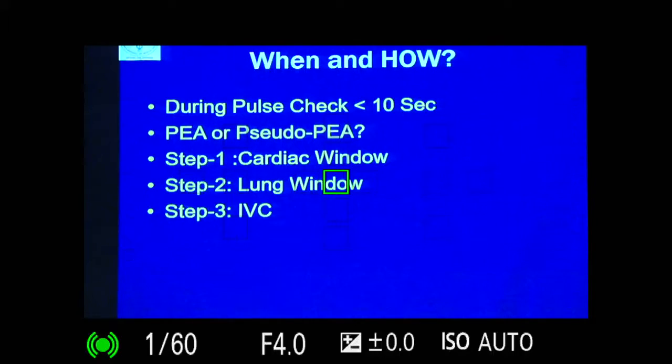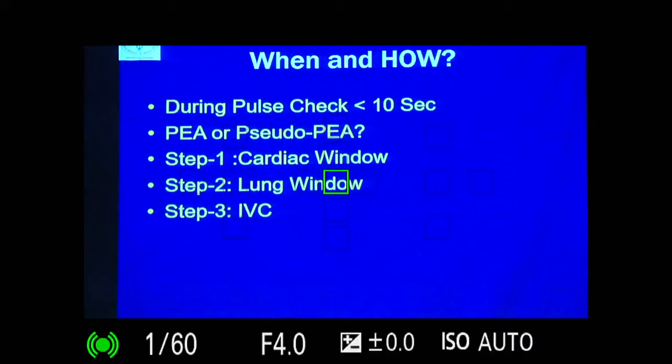Okay. Or remember that if you find tamponade, you will put in a needle, right. If you do not find the answer or it is hypovolemic shock, then you have to treat hypovolemic shock simultaneously. So, if you do not find the answer, continue chest compression and all algorithm, go to the lung window.